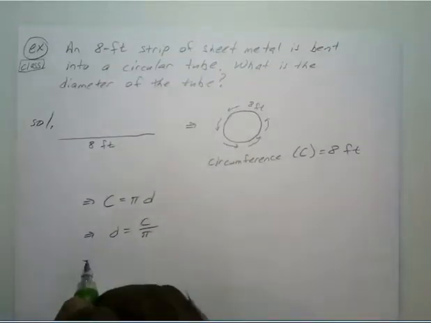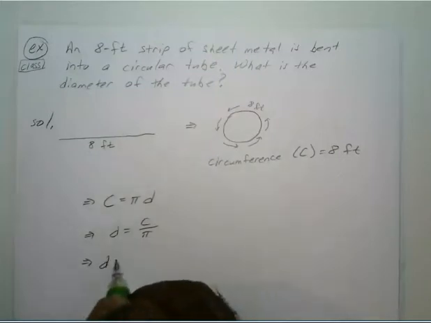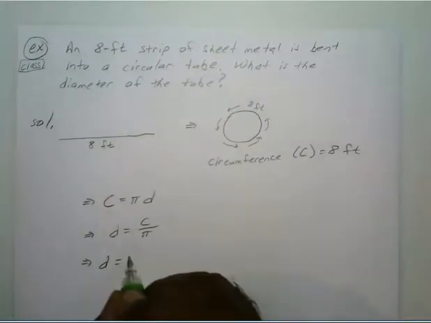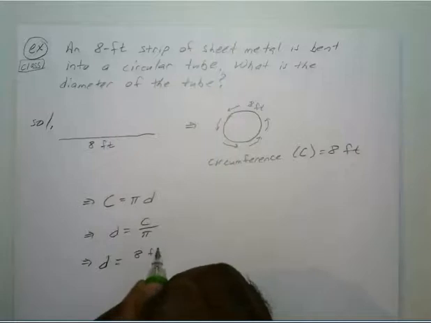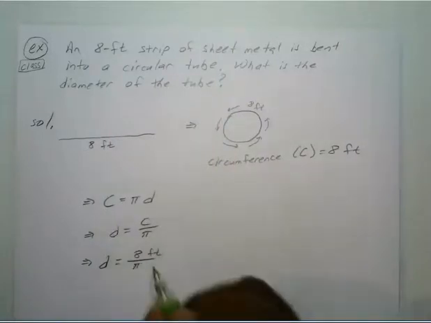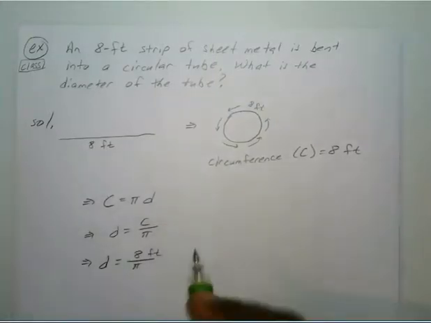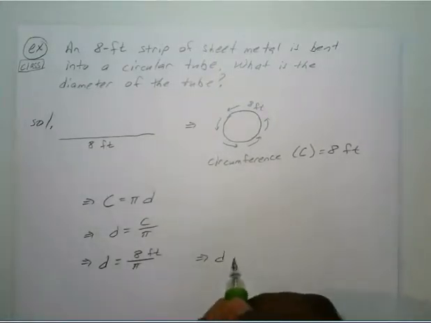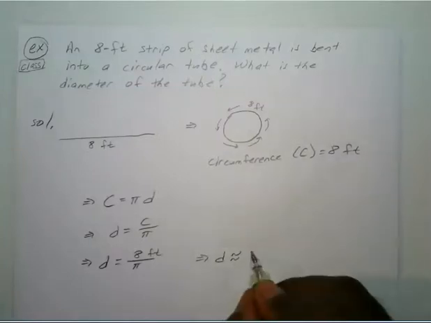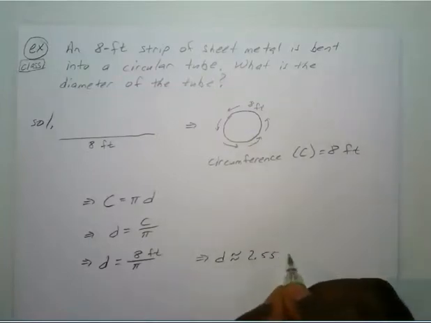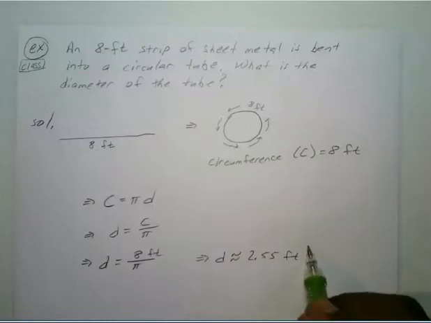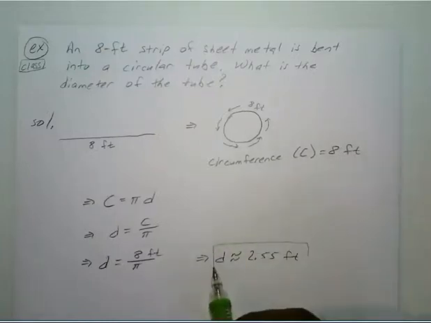So our diameter equals the circumference divided by pi. If you plug this into your calculator, 8 divided by pi, you get the diameter being approximately equal to 2.55 feet once you round it to the nearest hundredths.